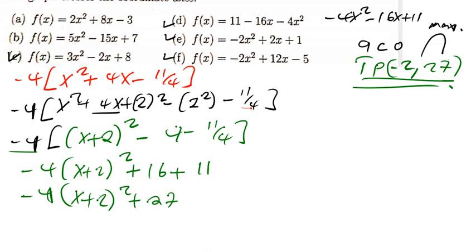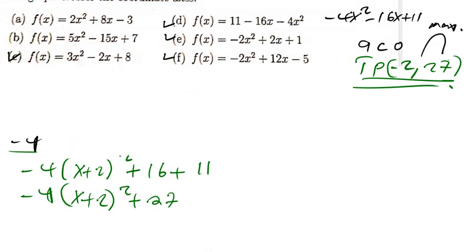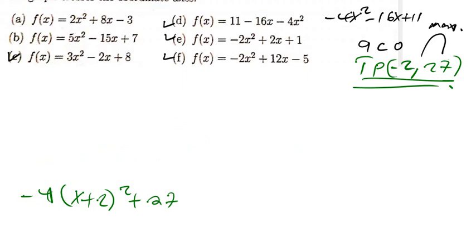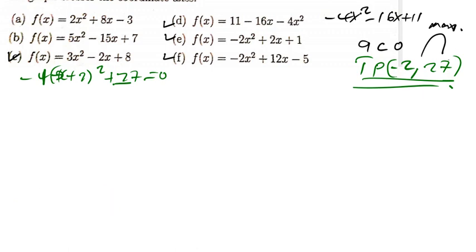We find now the x-intercept. If you want, you can use the simple formula that I taught you guys: x plus 2 squared plus 27. Then you equate this one equal to 0. Then you shift this to go to the other side. Okay. The other one, you can use the long division method to find the value of x.